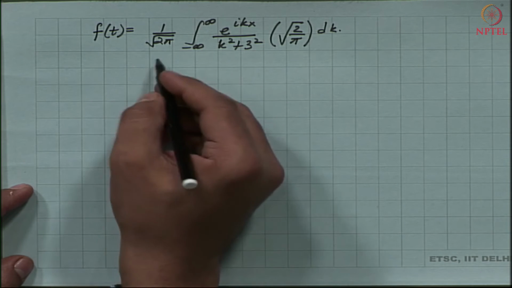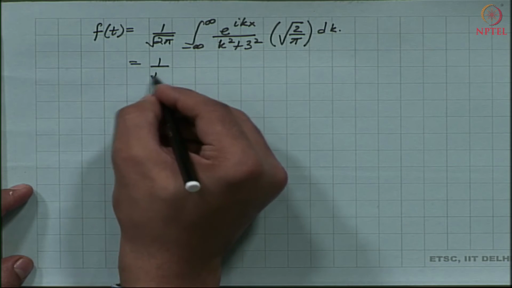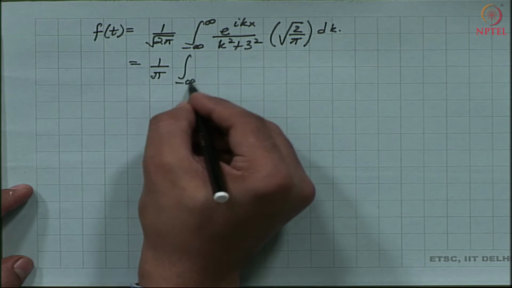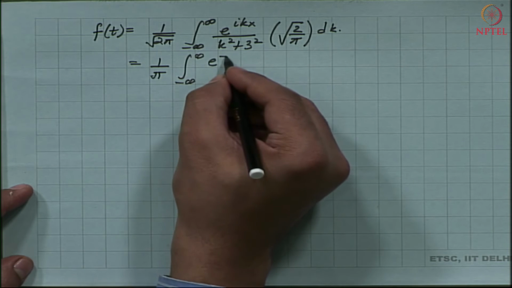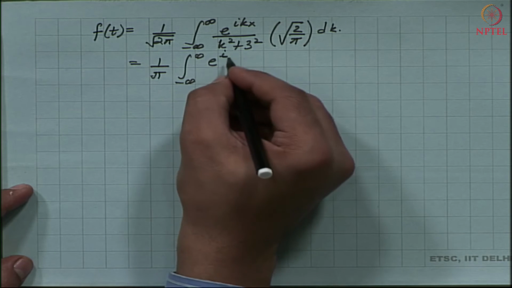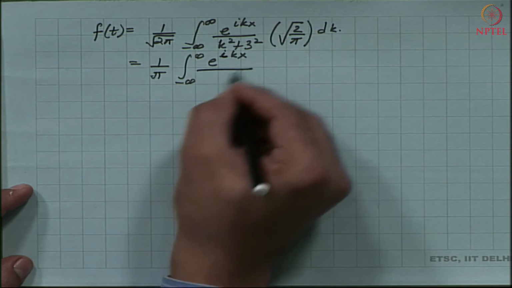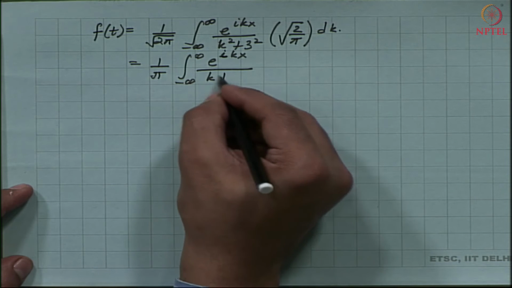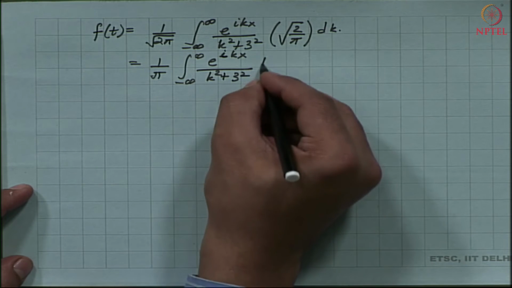After I do all the simplification, I get that this is equal to 1 by pi times the integral from minus infinity to infinity of e to the power i k x divided by k square plus 3 square dk.